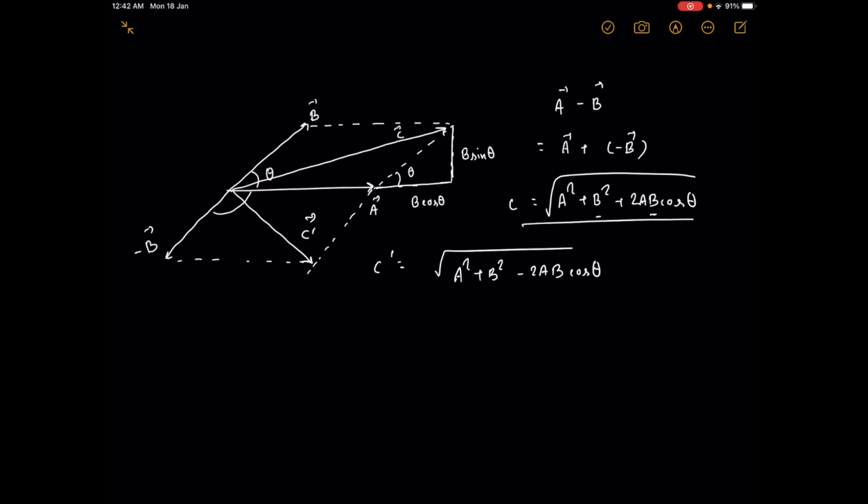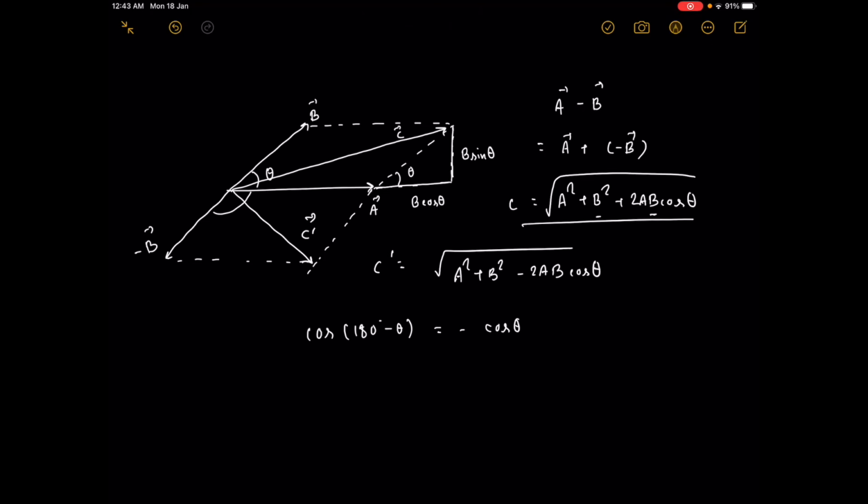So here one thing may bother you: why I did not change theta to 180 minus theta. In the expression of C, if you do cos of 180 minus theta, you will get a minus cos theta.